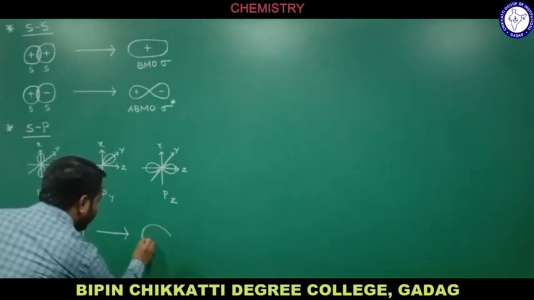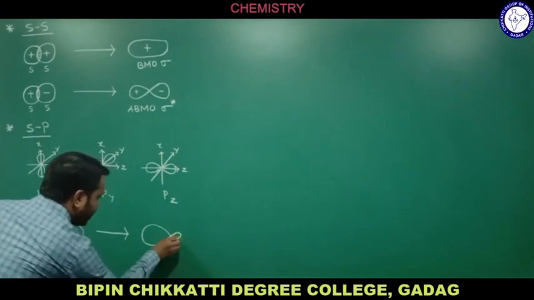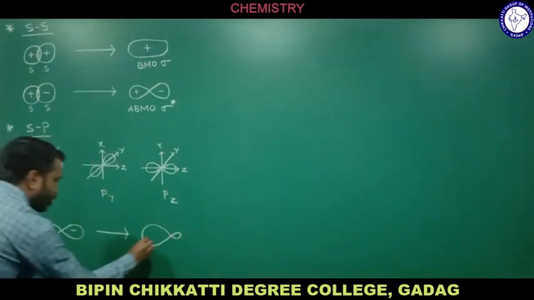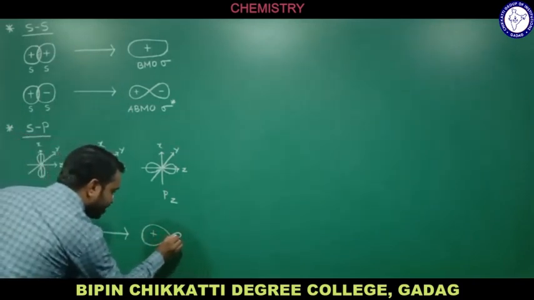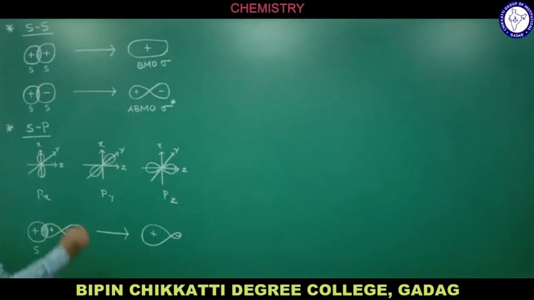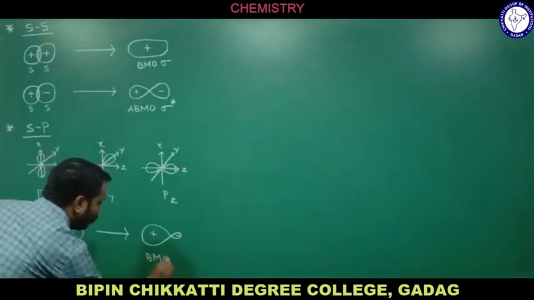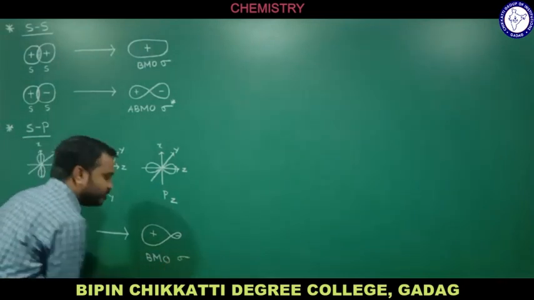This is how I am going to represent the sign of the molecular orbital. Plus sign they are going to overlap, therefore I consider here plus, and this minus we have, and that corresponds to this minus, and this is BMO, bonding molecular orbital, head-on overlapping, coaxial overlapping, therefore I consider it as sigma here.